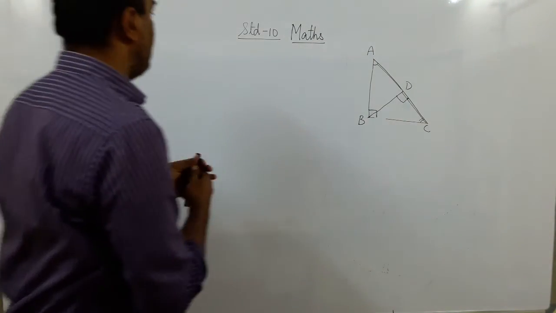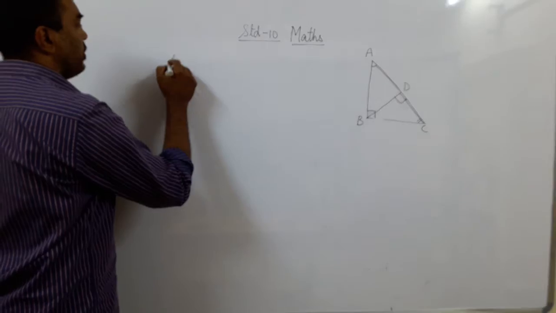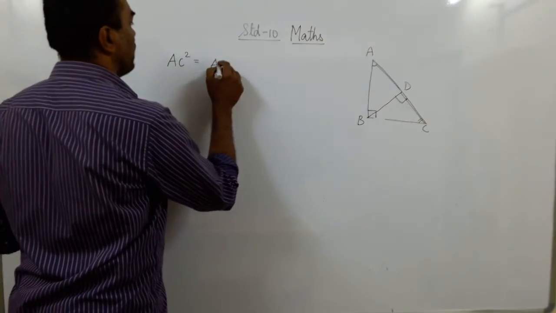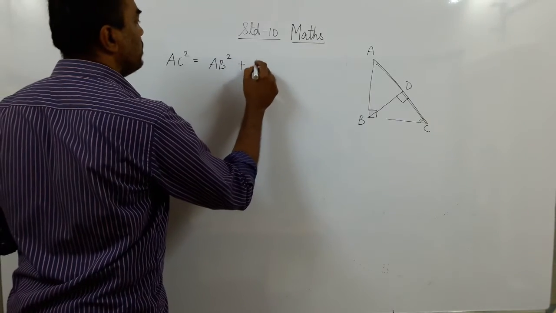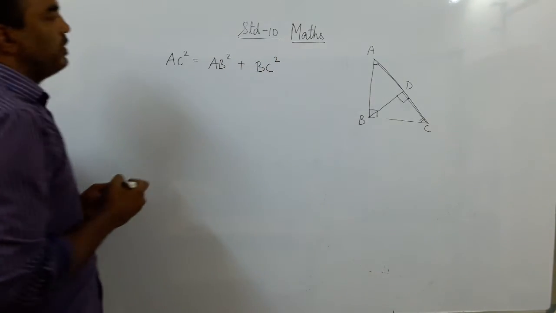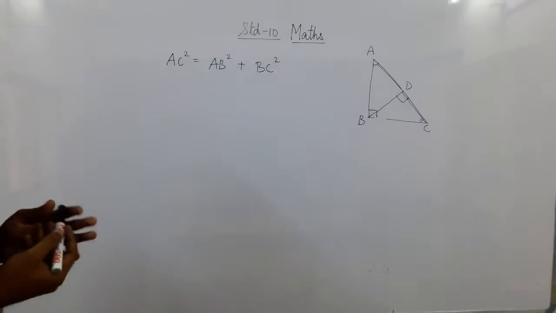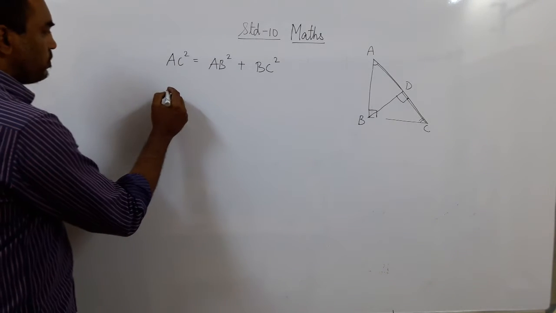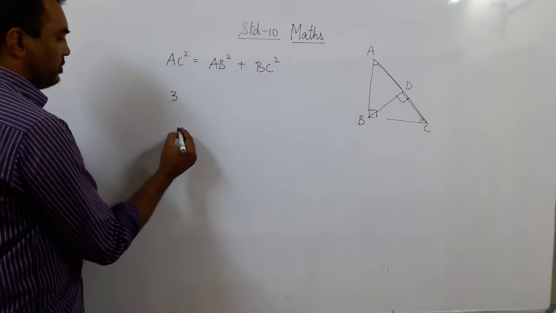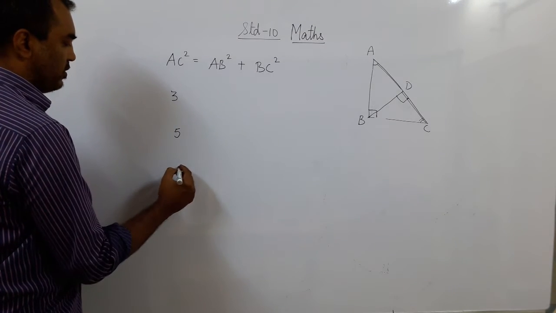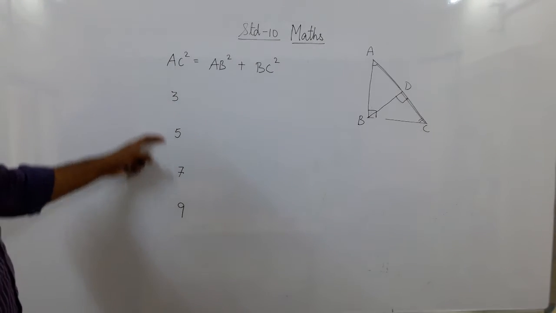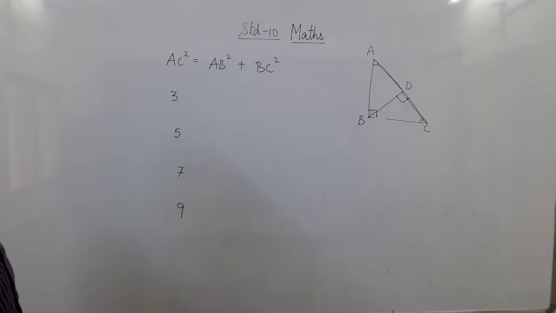The longest side AC square equal to AB square plus BC square. Now I want to show something to you. I will take the odd numbers. I don't take 1, I take 3, 5, 7, 9.